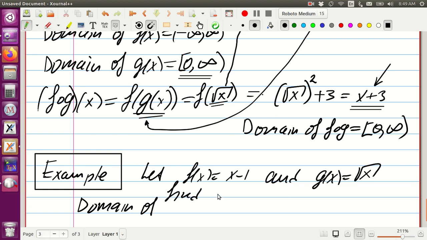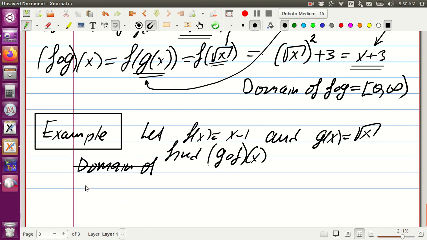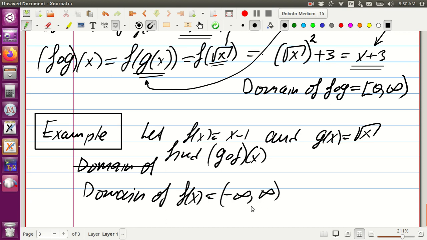Find g composed with f evaluated at x. All right, so first let's start with the domain of f of x. The domain of f of x, again, it's a straight line, so anything would work for it. So minus infinity to infinity. Domain of g of x is as before from 0 to infinity.